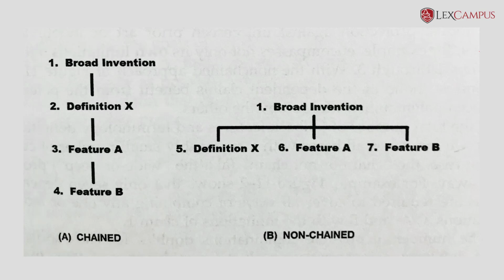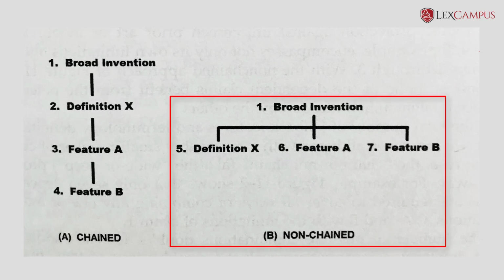Now apart from this, you could have a non-chained arrangement where claim 1 is the broad invention, claim 5 is definition X which is dependent on claim 1.